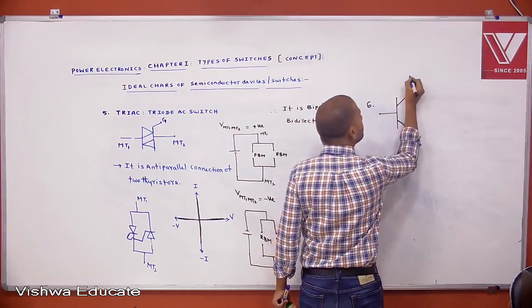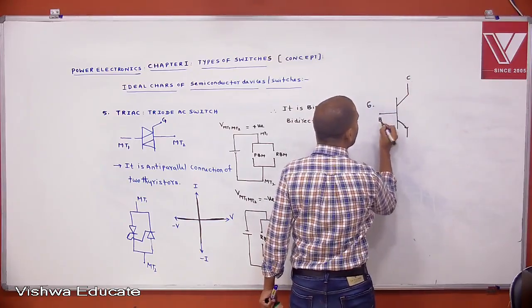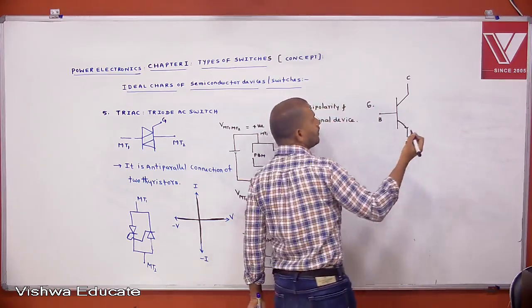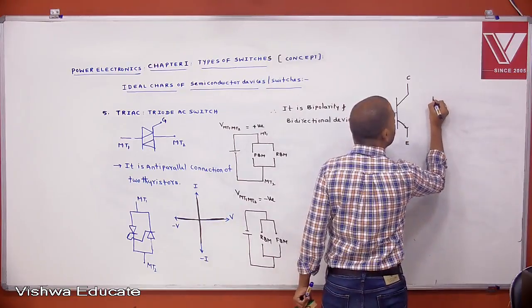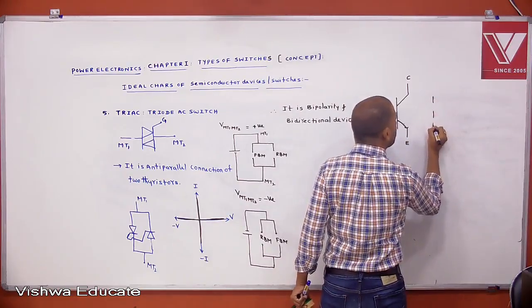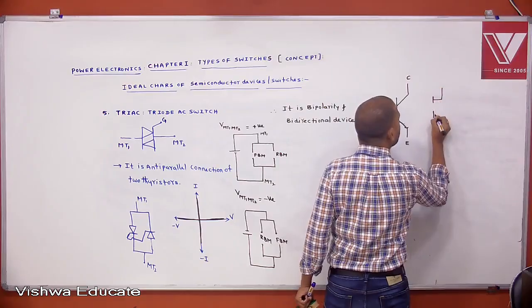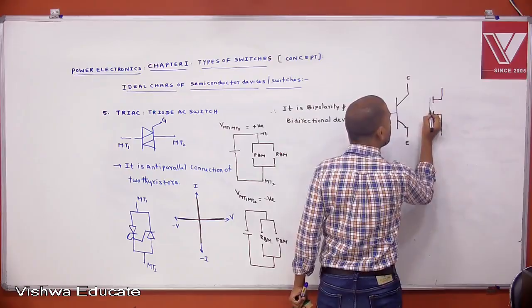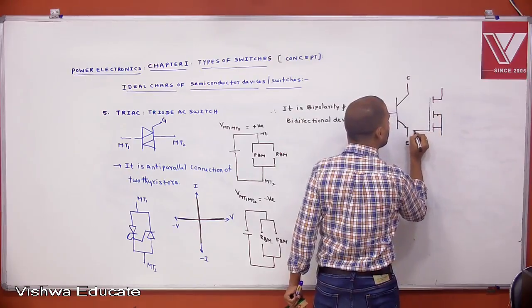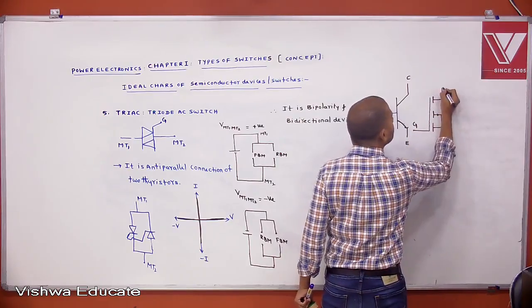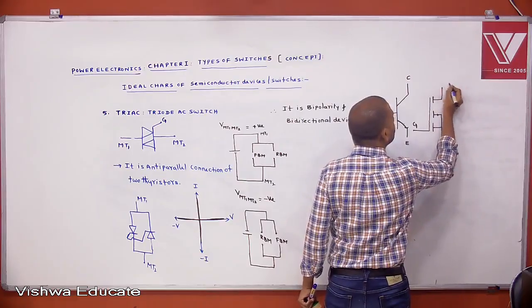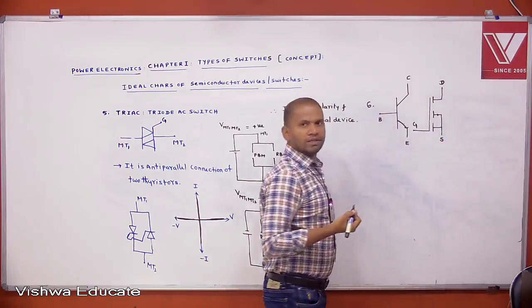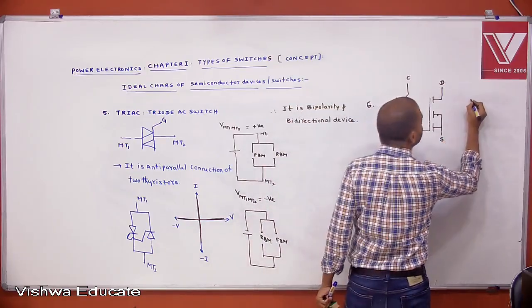This is collector, base, emitter. This is gate, drain, source, MOSFET.